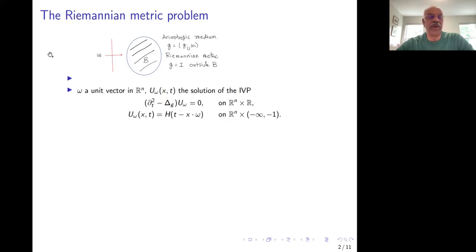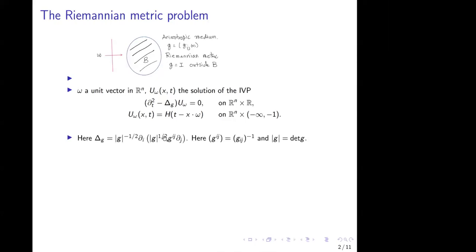It's a solution of the wave equation as long as you don't hit the inhomogeneous part. So u_omega is the plane wave when t is small enough. t = -1 is the time when the plane wave first hits the ball, the inhomogeneous part. So u_omega is a solution of this initial value problem, representing the interaction with the incoming plane wave.